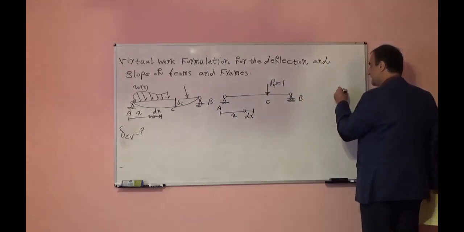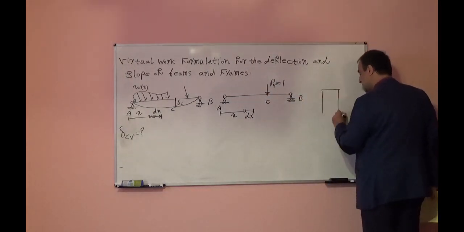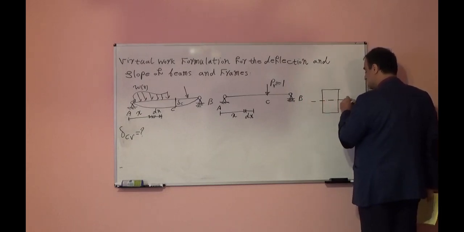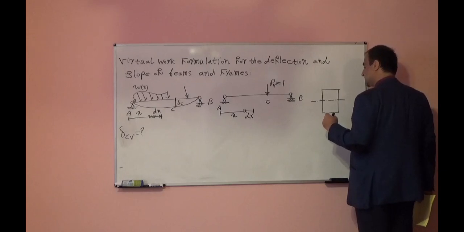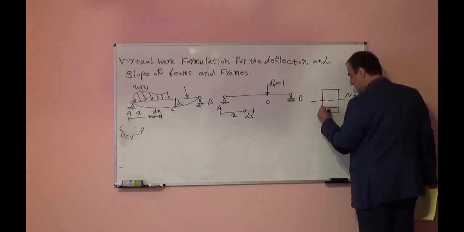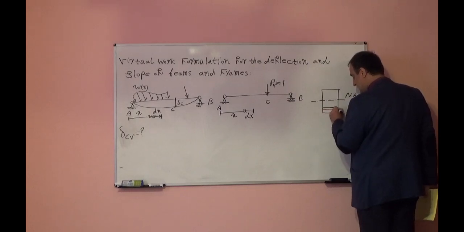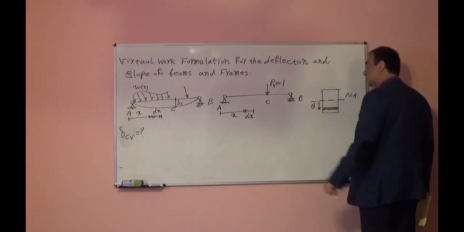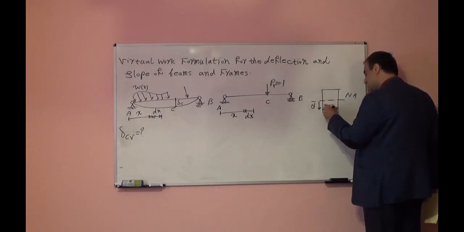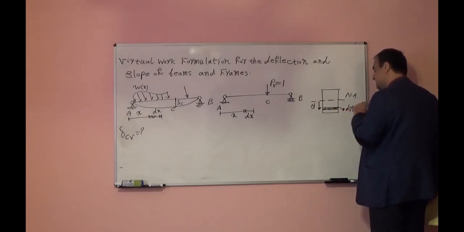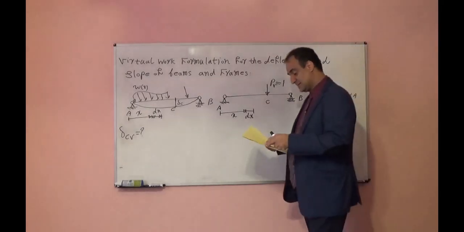You know the beam has a cross section and we have a neutral axis. For example, the cross section of the beam is a rectangular shape, and let's look at the fiber at a distance y from the neutral axis, and assume this shaded part, the area for this element, is dA.